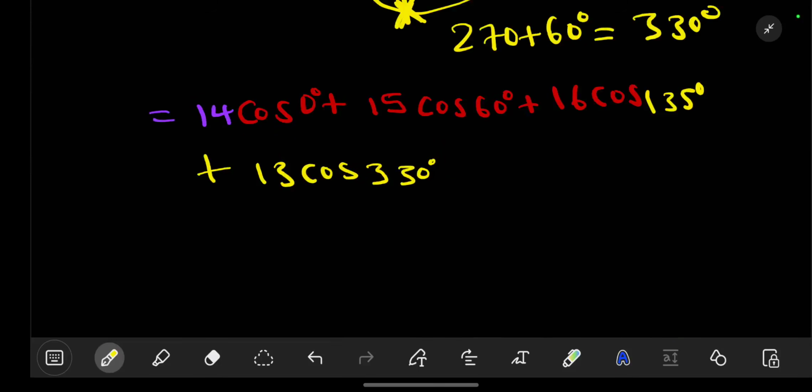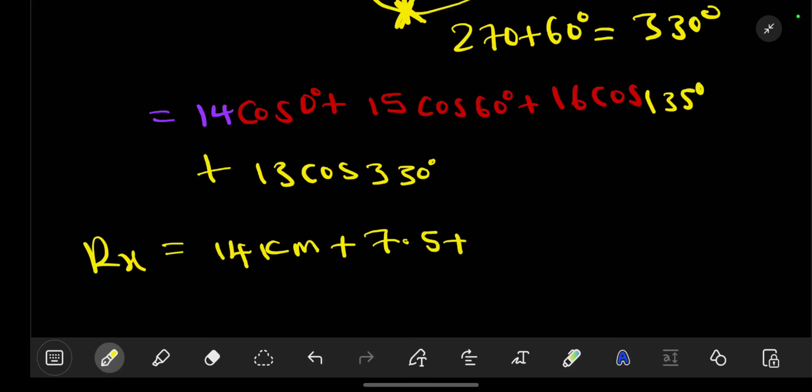So if you look at your 14 cosine of 0 degrees, you are going to have 14 kilometers. So this is in the Rx. Then we have our 15 cosine of 60. This will give us a value of 7.5. Then we have plus our 16 cosine of 135, which is negative 11.314.